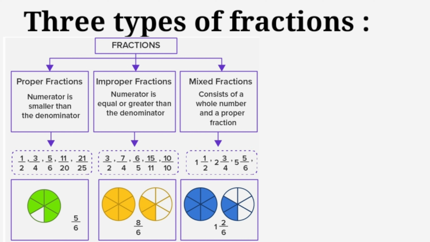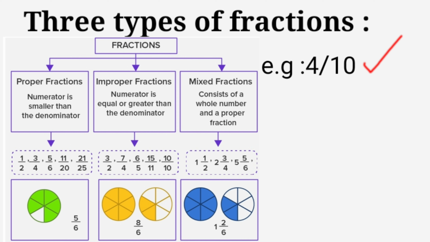See students, first of all, if I say that I got 4 marks out of 10, can I get 4 marks out of 10? And in mathematics we can write it 4 divided by 10. 4 divided by 10 means 4 marks out of 10, 4 parts out of 10 parts. So is it possible students? Yes, it is possible. So whenever things are possible, then it is called a proper fraction.